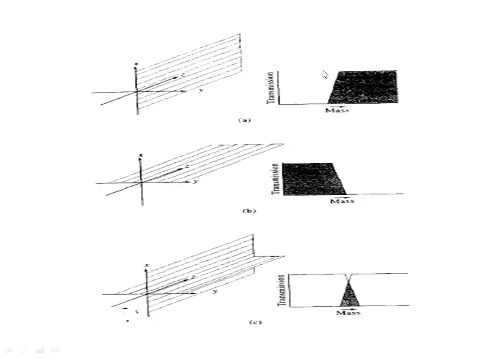So under negative DC potential, only lighter ions pass. This is transmission versus m/z value. This is your lighter ion, lighter mass, which is allowed to pass, while the heavy ion is not allowed to pass. Here in this case, the lighter ions are blocked and only heavy ions are allowed to pass.